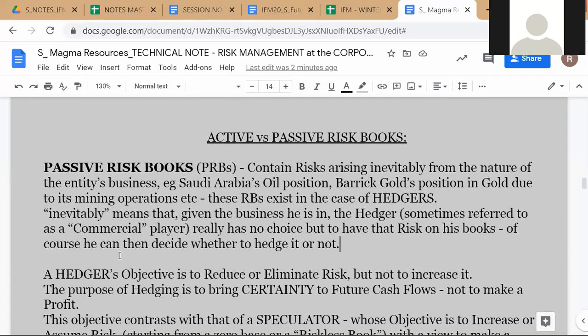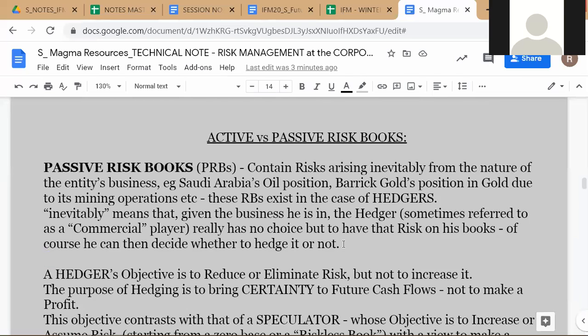If you look at the government of India balance sheet, on the liability side, you look at the oil purchase liabilities, and you would say this is an example of a passive risk book, because we did not decide as such to have a particular type of position in oil. Most countries have a position with respect to oil. Either they have to import or they have to export.